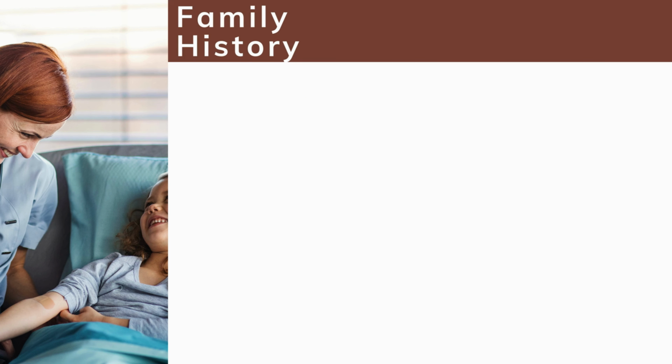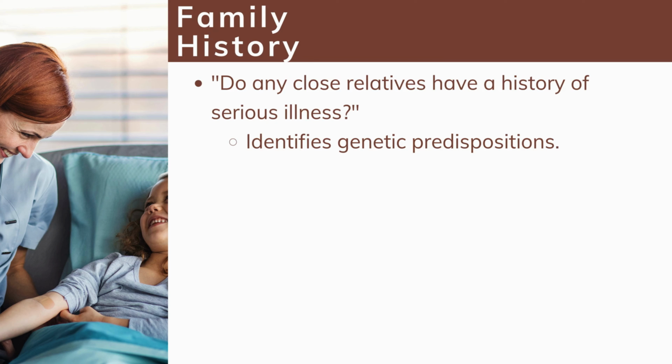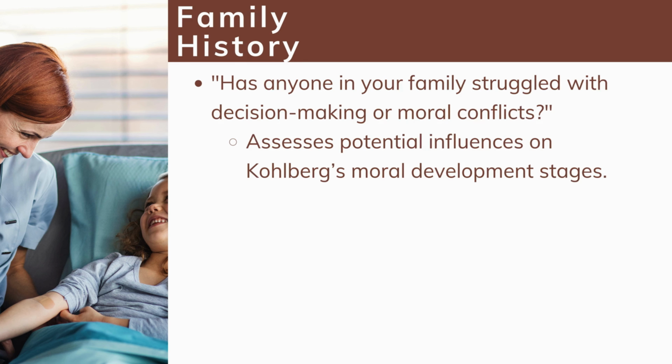Key questions for gathering family history include: Do you have any close relative with a history of mental health disorder? Has anyone in your family struggled with decision-making or moral conflicts?